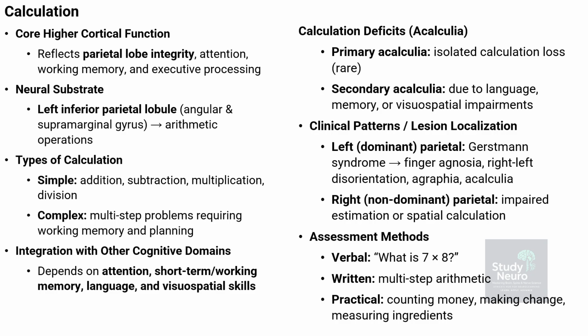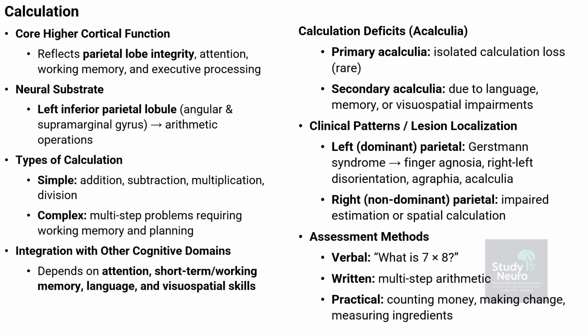Calculation is an important higher cortical function involving the parietal lobe, attention, working memory, and executive skills. Simple arithmetic like addition or multiplication and more complex multi-step problems rely on these networks.